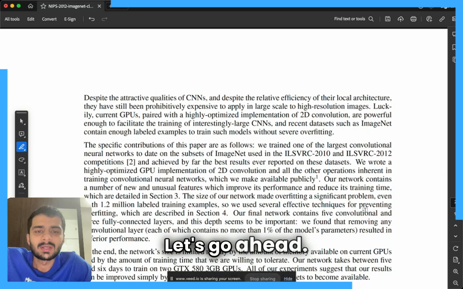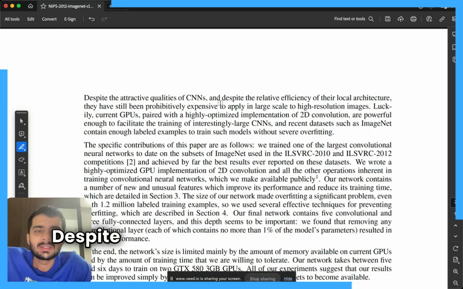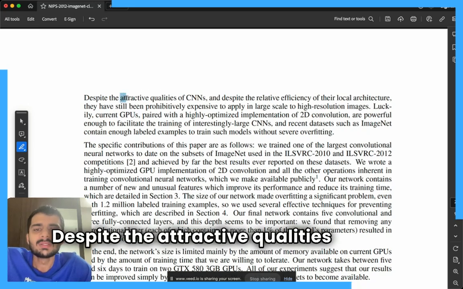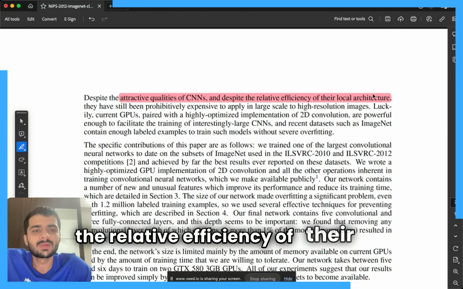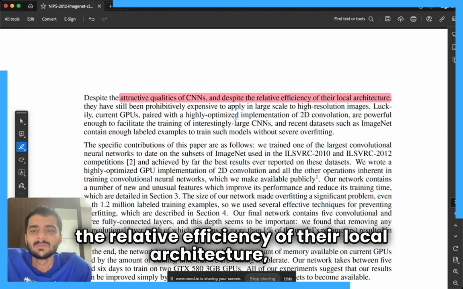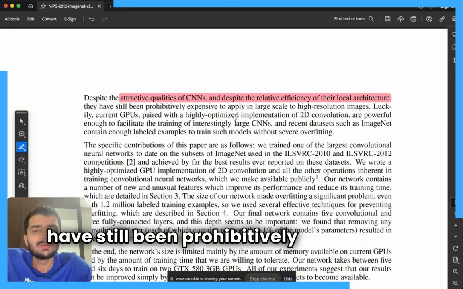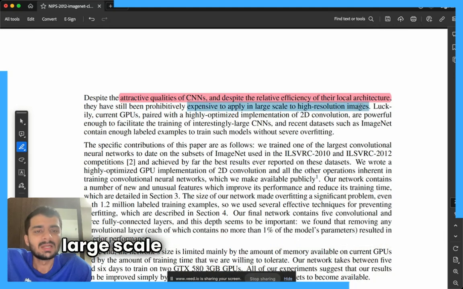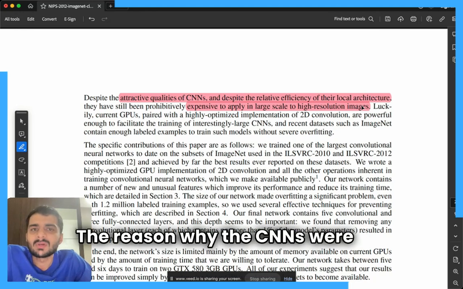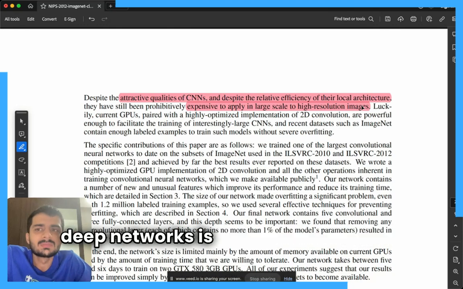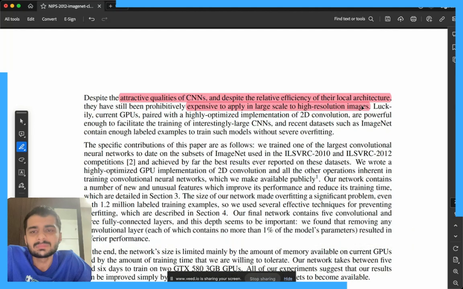Let's see. Let's go ahead. Despite the attractive qualities of CNNs and despite the relative efficiency of their local architecture, they have still been prohibitively expensive to apply at large scale to high resolution images. The reason why the CNNs were not applied in deep networks is probably because of two things.